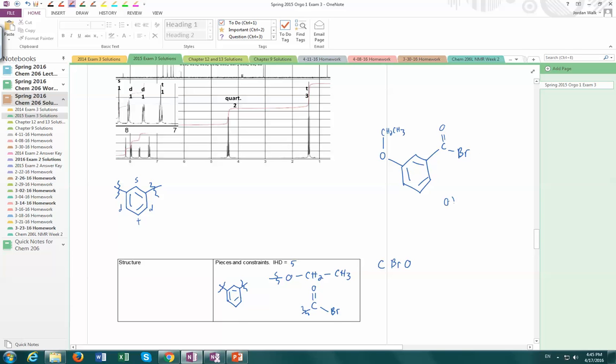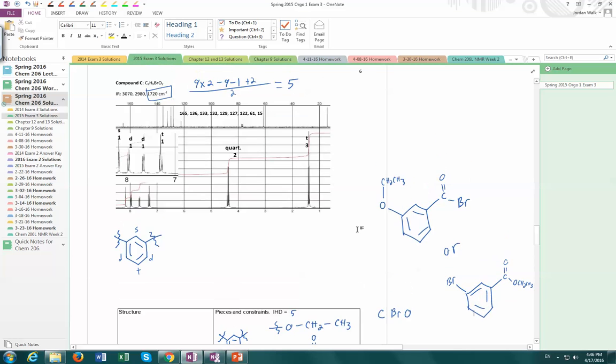So the other possibility could be COCH2CH3 with our bromine here. All right, so let's get to work. How do we know one versus the other?